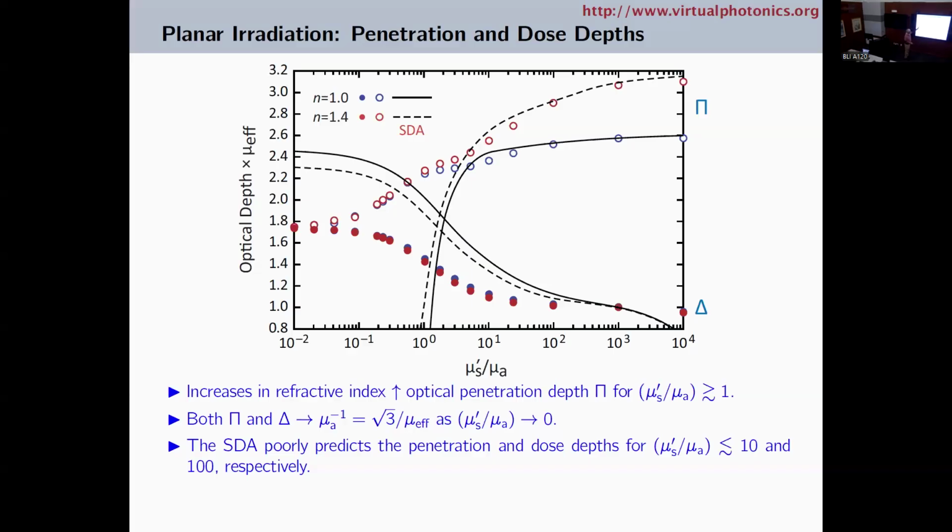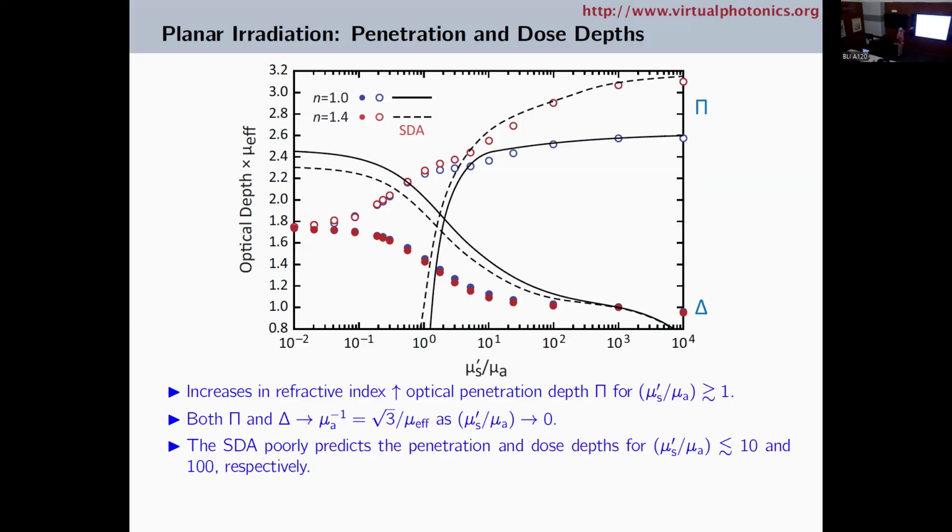It does a reasonable job for ratios of scattering to absorption above 10 for a refractive index matched situation, not as good for the refractive index mismatched situation, which is quite surprising, right? Because that should probably be the domain where it works well.